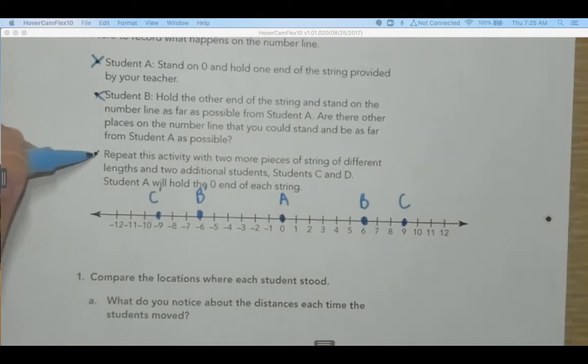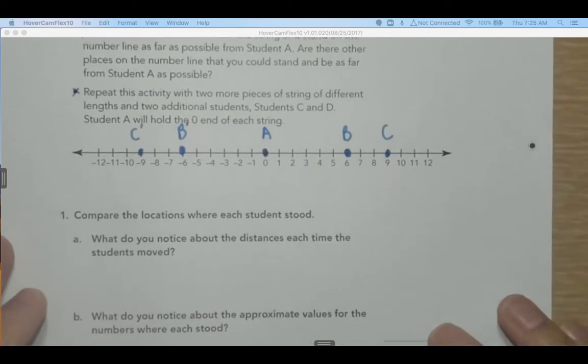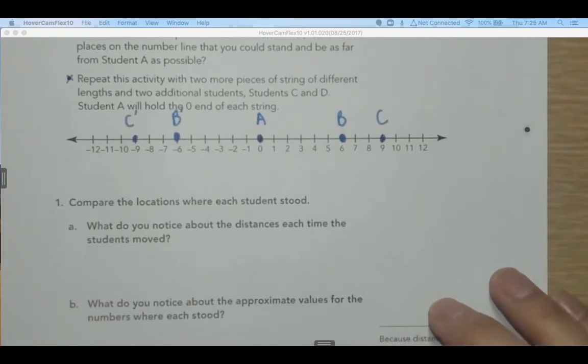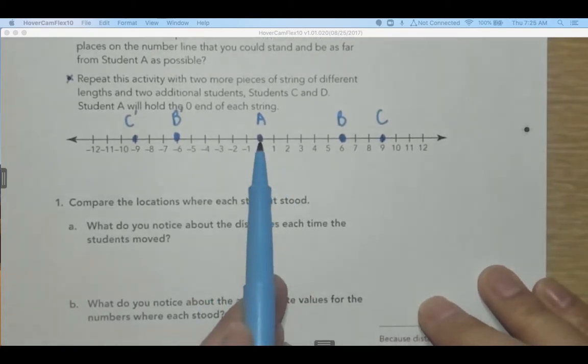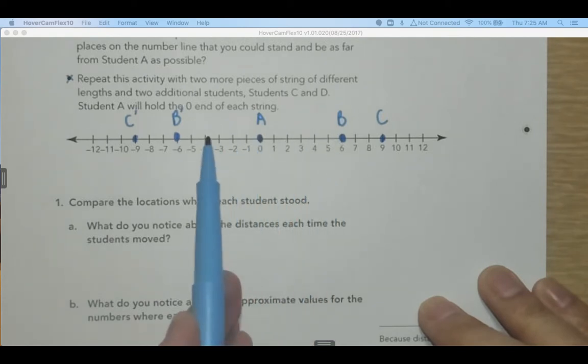All right. Then if I look at this, what do you notice about the distances each time the students moved? Okay, from here to here it was 6, from here to here it was 6.